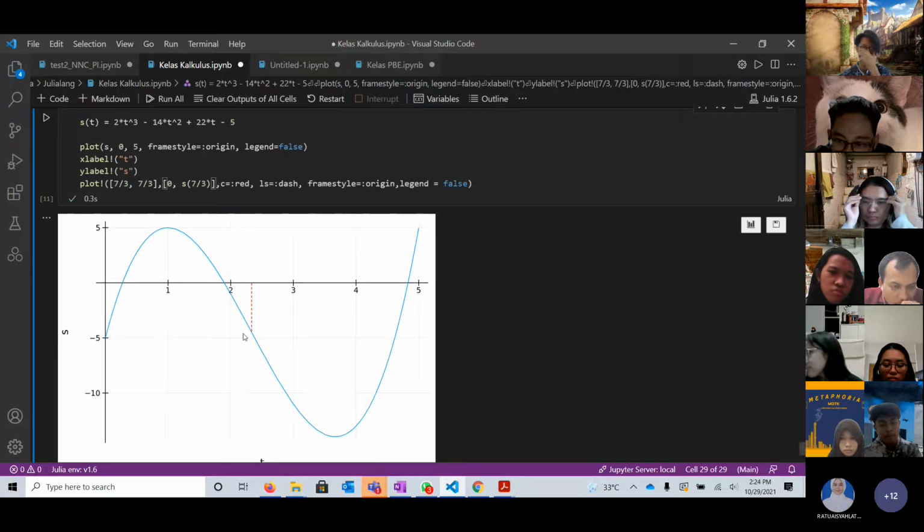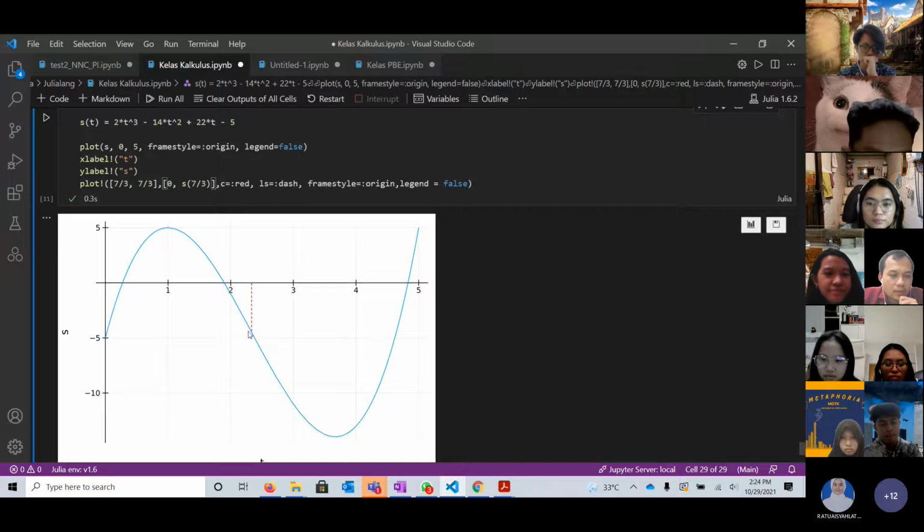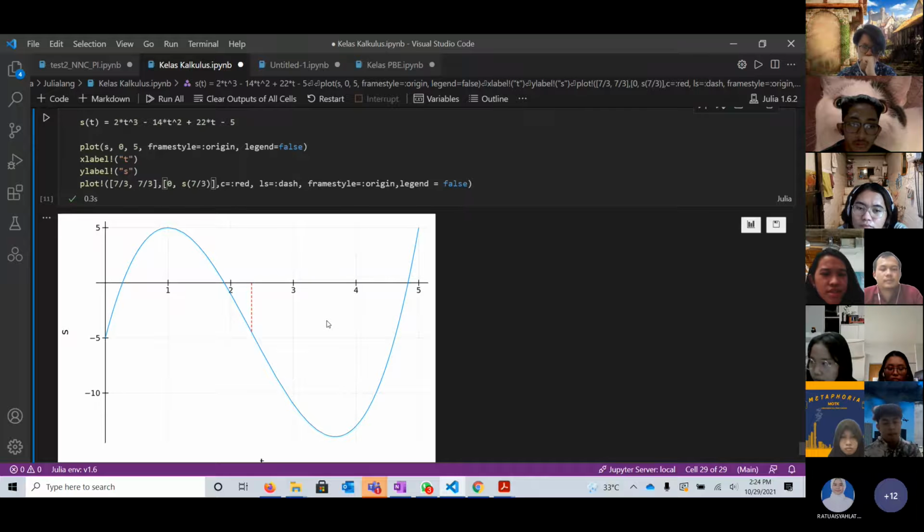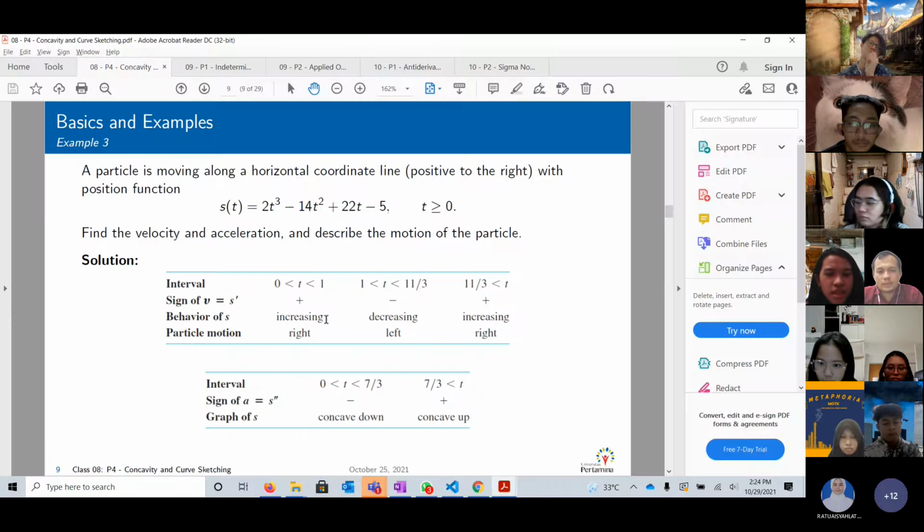See that we find the point of inflection here at 7 over 3. So this is concave down until the red dashed line, and then it is concave up. Any question?